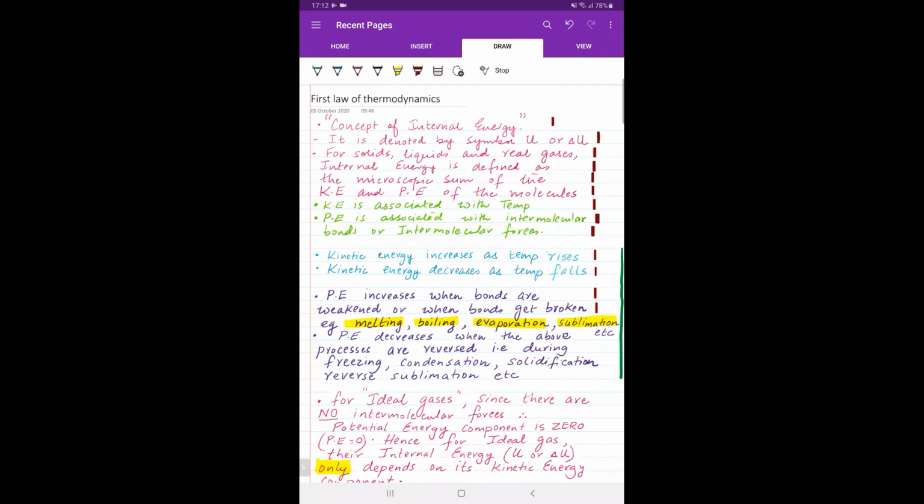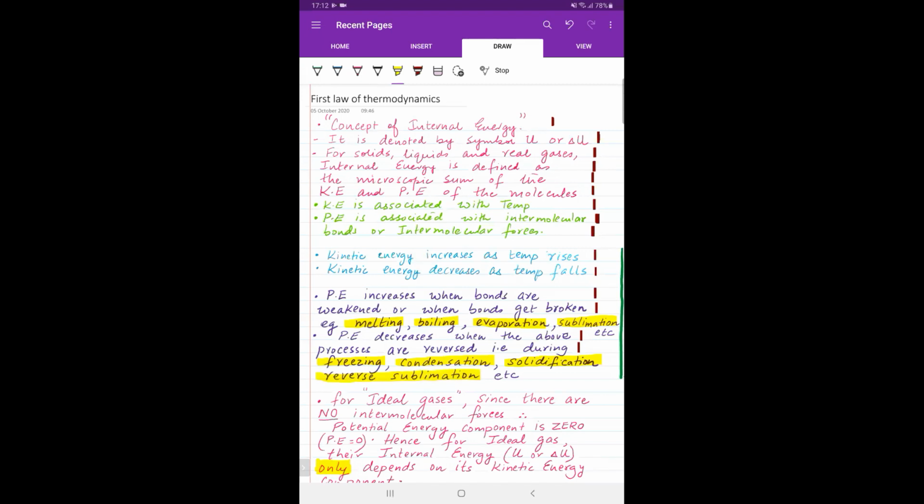Hence, melting के अंदर, boiling के अंदर, evaporation के अंदर, and sublimation. Likewise, potential energy will decrease when the above processes are reversed. That is, during freezing, during condensation, during solidification, or during reverse sublimation.